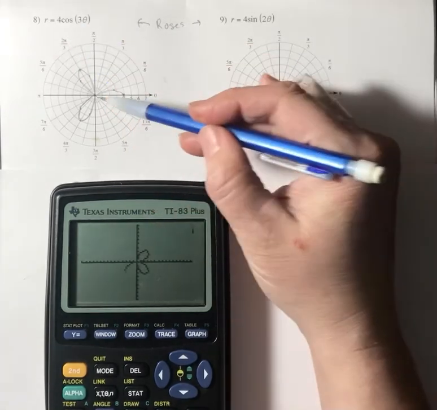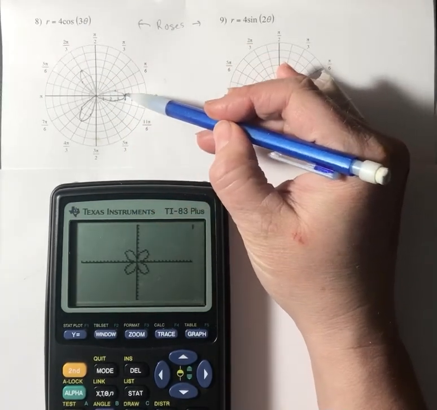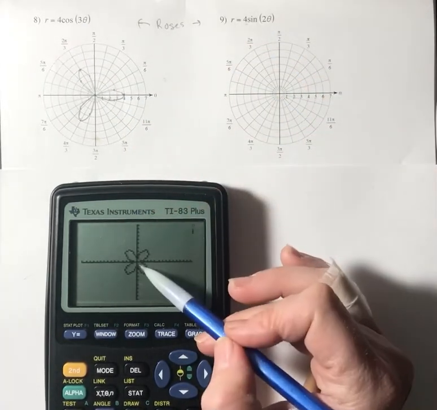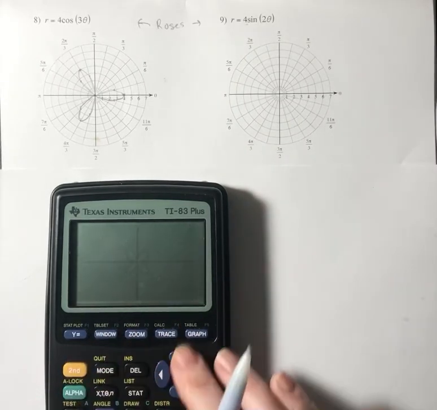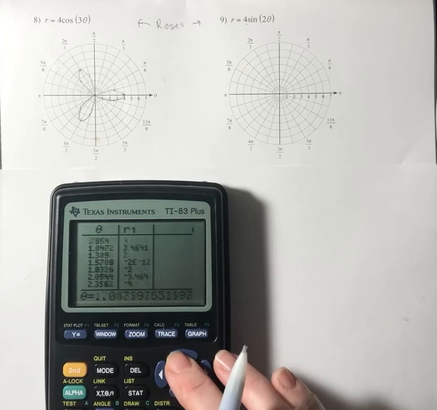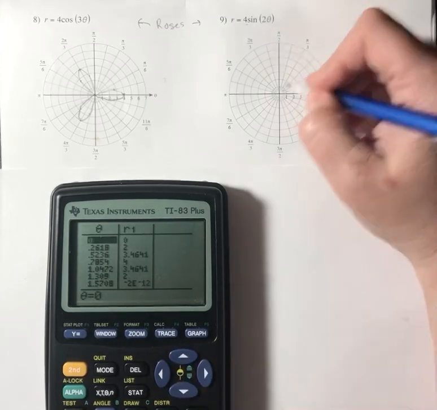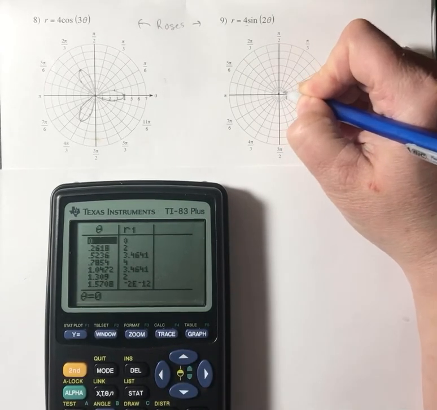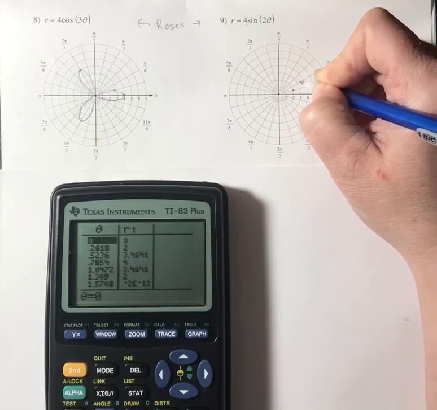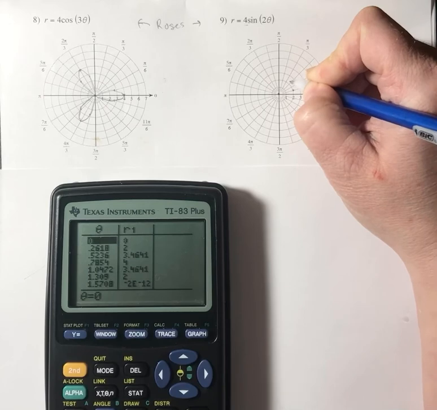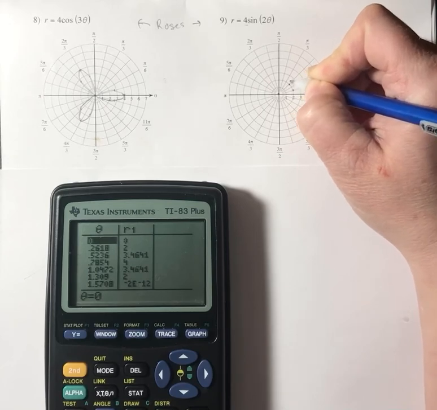This is a 4. The length of my petals is going to be 4. Zero, 0. Pi 12ths, 2, 3.4. 2, 0.